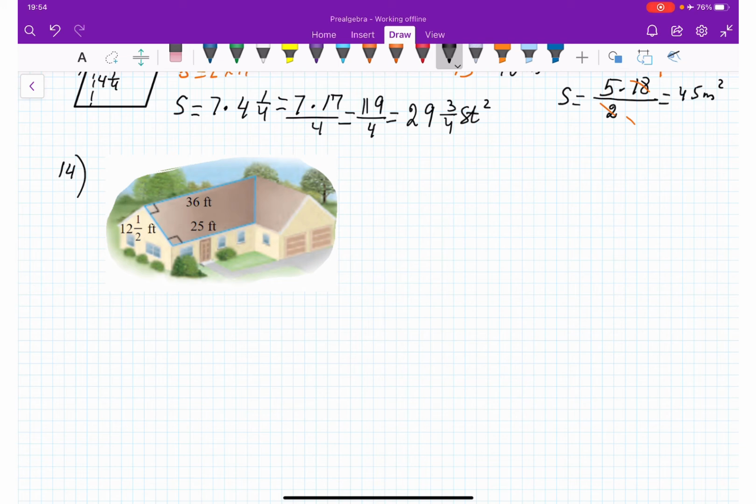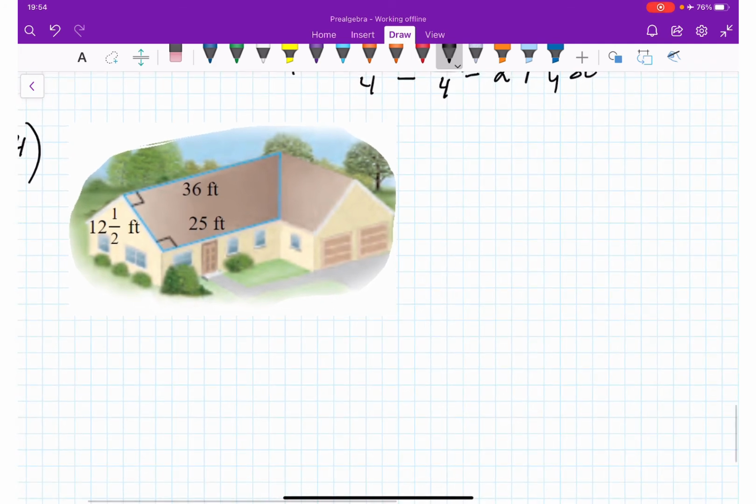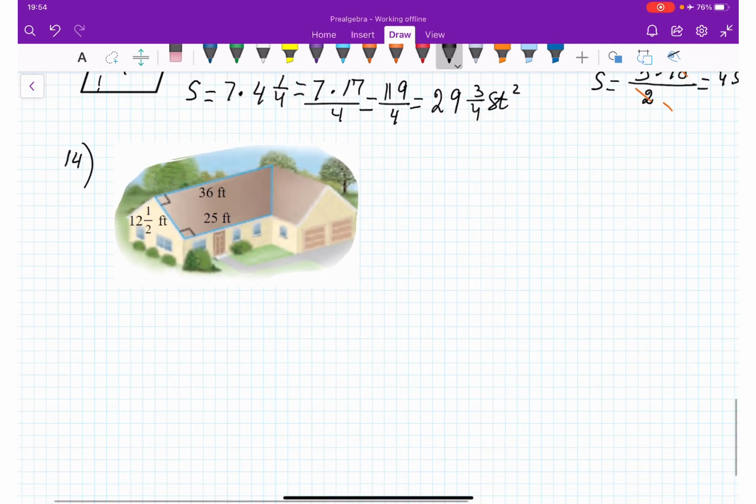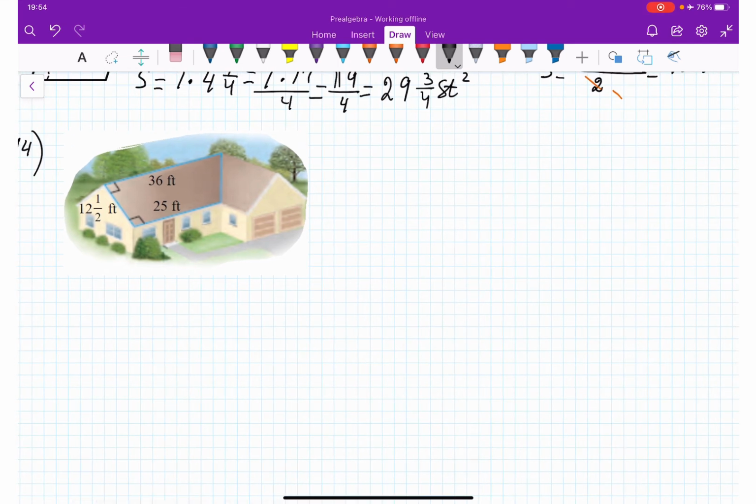Okay, so what do we have? We need to find the area. All right, 12.1 over 2. Let me write down. This is how it looks. Draw the layout.